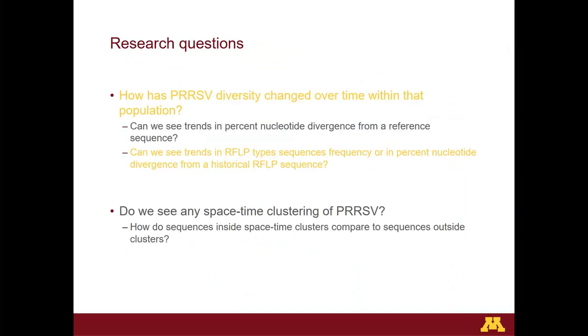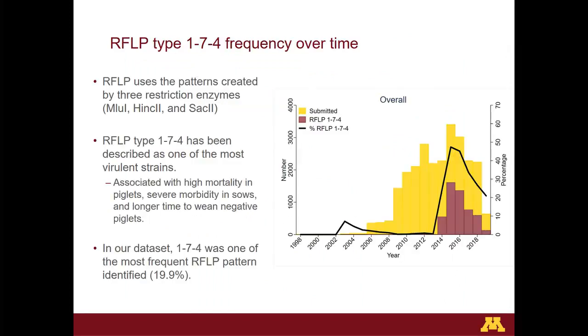So moving on to RFLP type sequences, what we did now is we started looking first only at 174s, mainly because we have a lot of RFLP patterns.